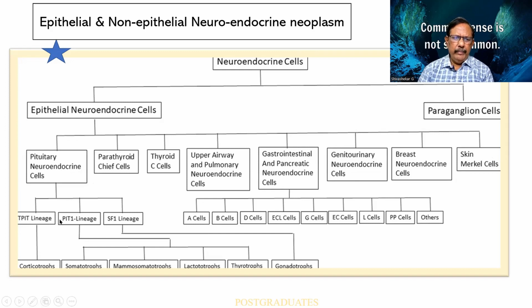Similarly, the pituitary. You have got the different lineages of cells. And sometimes these are again being divided according to the substances that they produce, somatotrophs or the others, corticotrophs. So this is a very fantastic sketch. It gives us an idea.